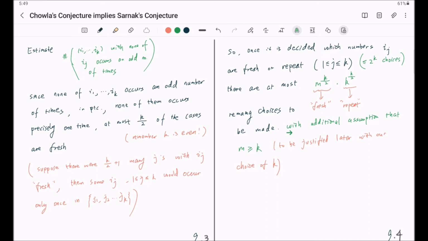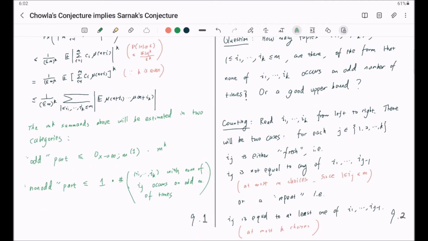To summarize what we have done, we have shown that this number is bounded by, now we multiply those three things together, this is what we get. Now we are ready to finish the proof of this corollary. This guy will be bounded by two parts.